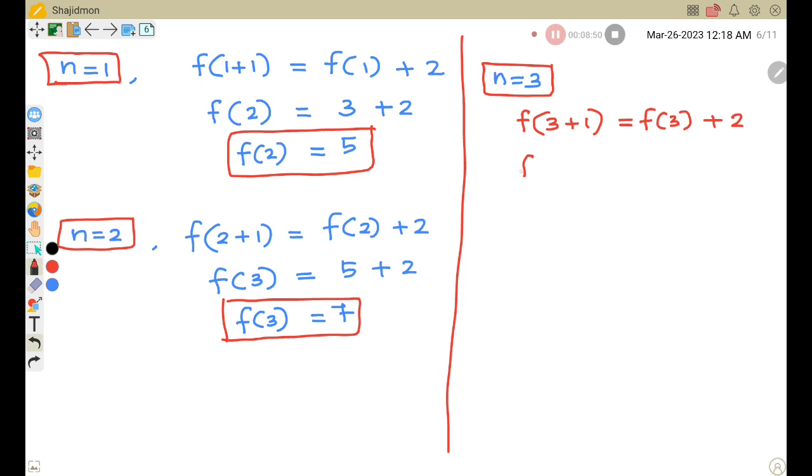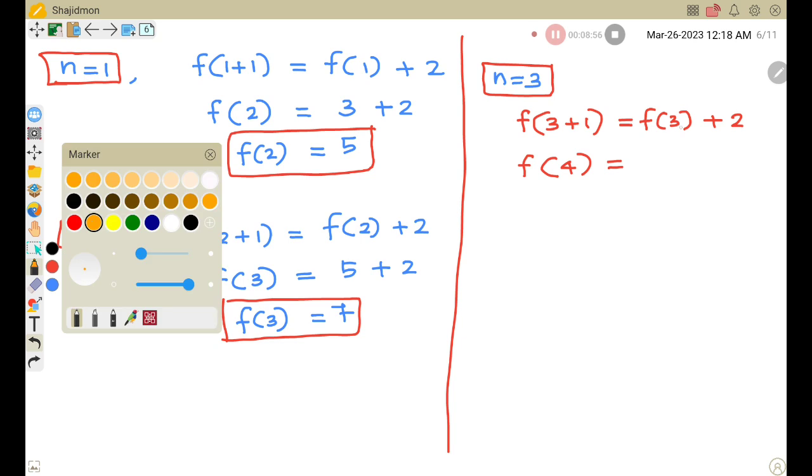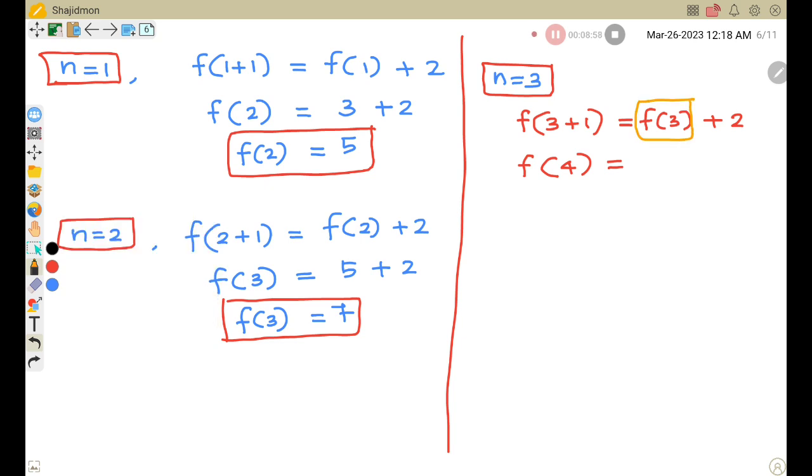So f of 4 equals f of 3, which we just got as 7, so 7 plus 2 equals 9. So f of 4 equals 9.